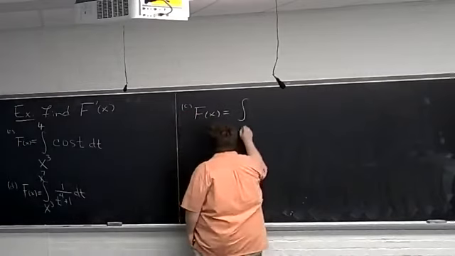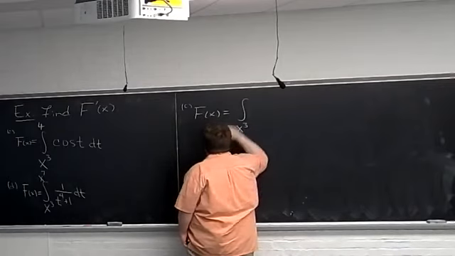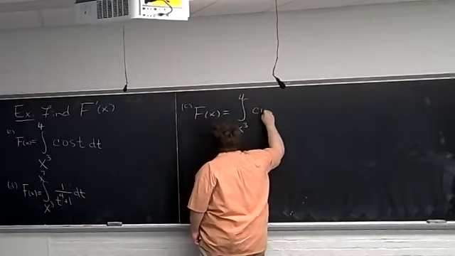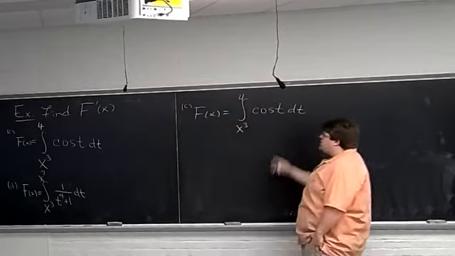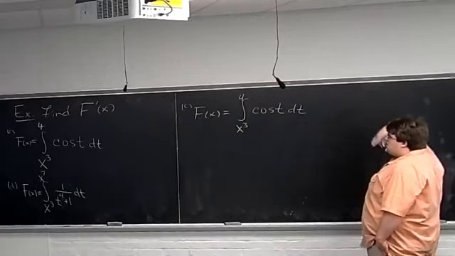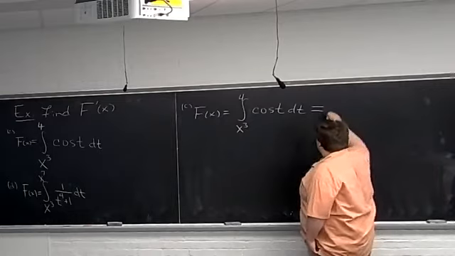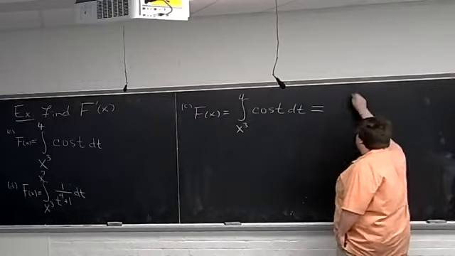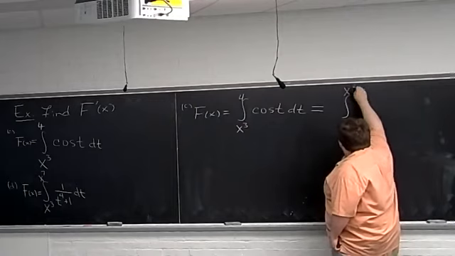So here, I don't really have to rewrite this. Yeah, I know I already started. Here we have a number as our upper bound and a function of x as our lower bound. But what we can do to make the first part apply is use a definite integral property.